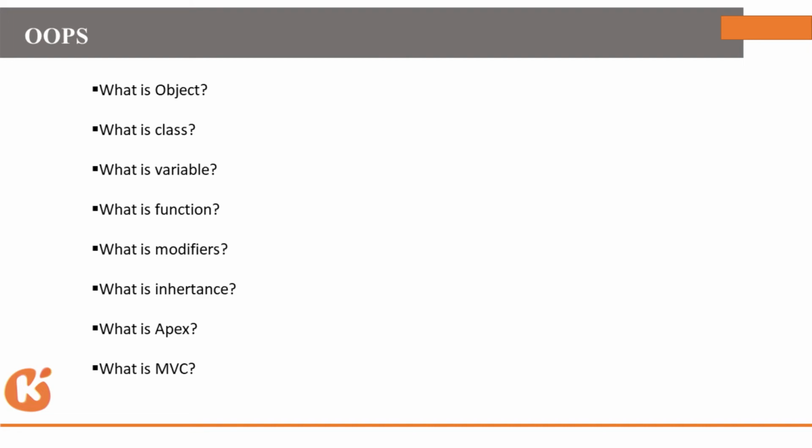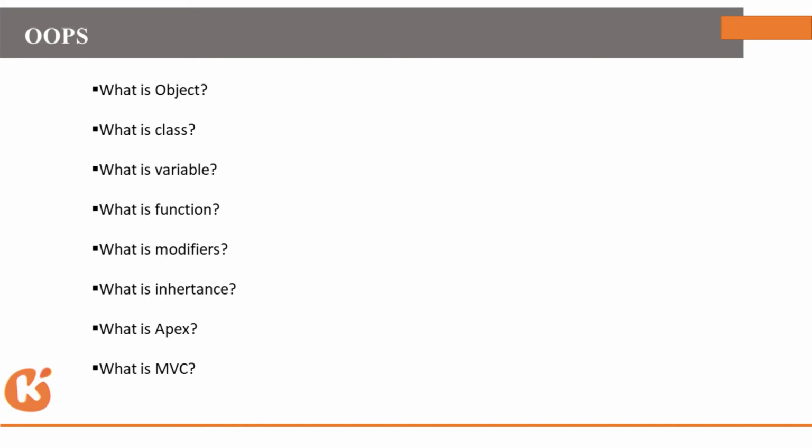Now the function comes into the picture. Functions are, for example, how the animal can eat, how it can work. Work is a function. These are the functionalities. And what is a modifier? Modifier is an access modifier.